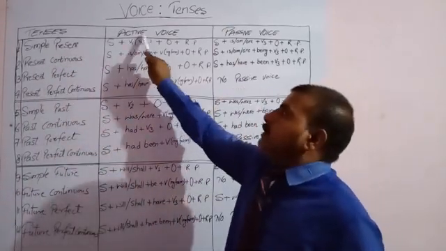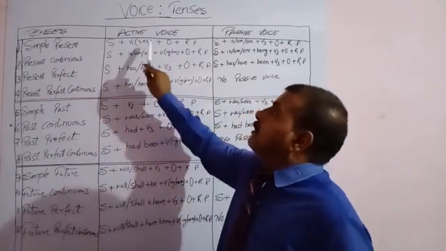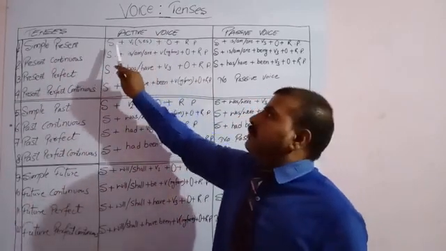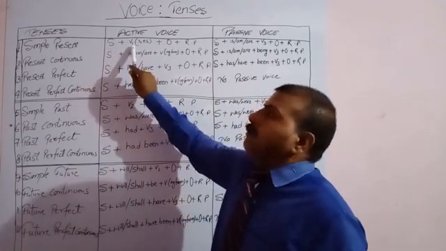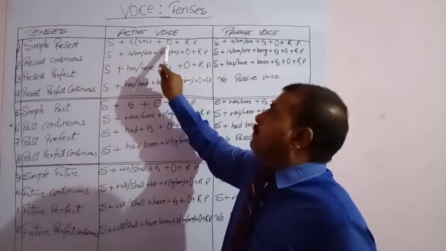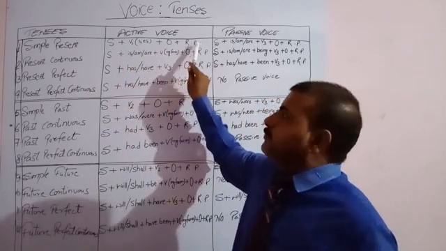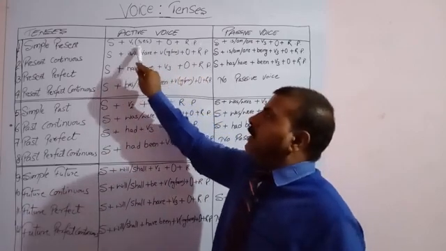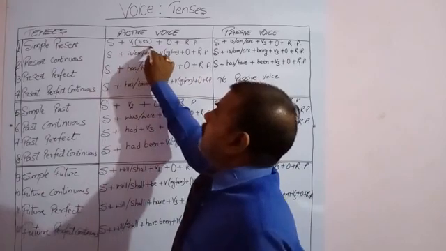Here, the structure for simple present tense in active voice: first the subject comes, then verb first form, then object, then the remaining part of the sentence. I have indicated verb first form in brackets as S or ES.